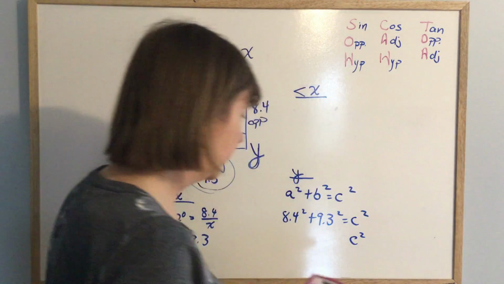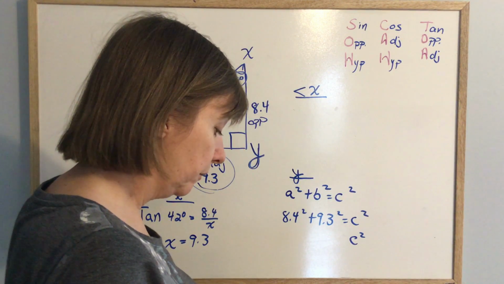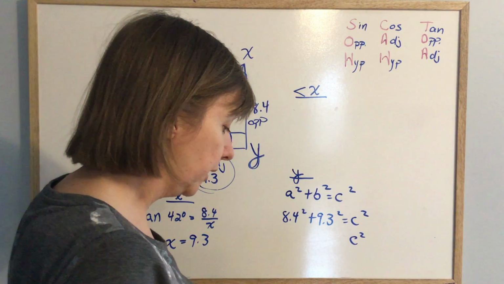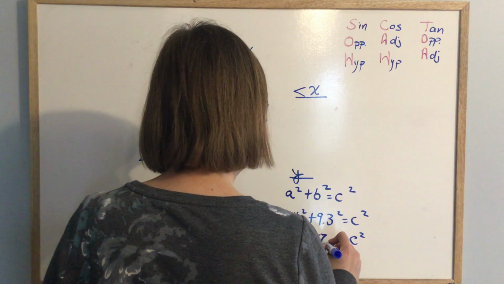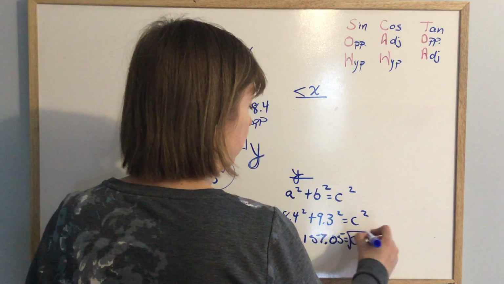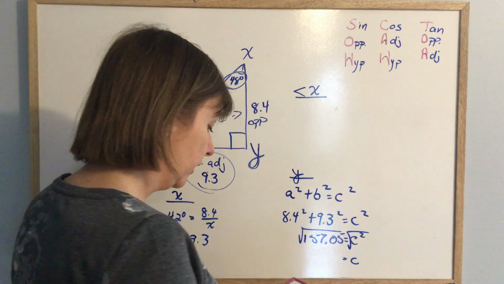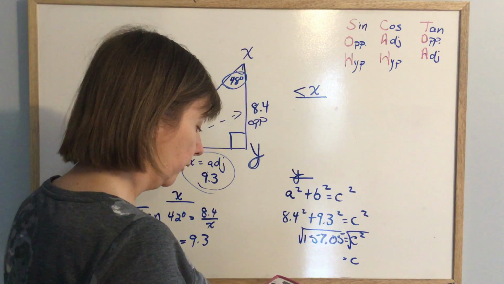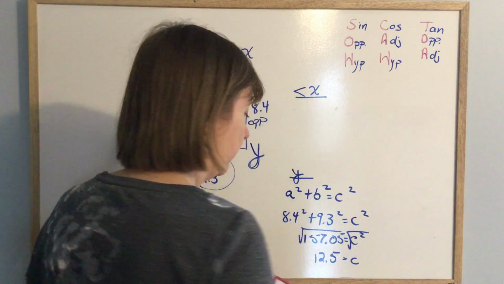I'd go to my calculator and do 8.4 squared plus 9.3 squared, which is 157.05, but that's c squared, so I'm going to take the square root of both sides. If I do the square root of my answer, I get 12.5, rounding it off.